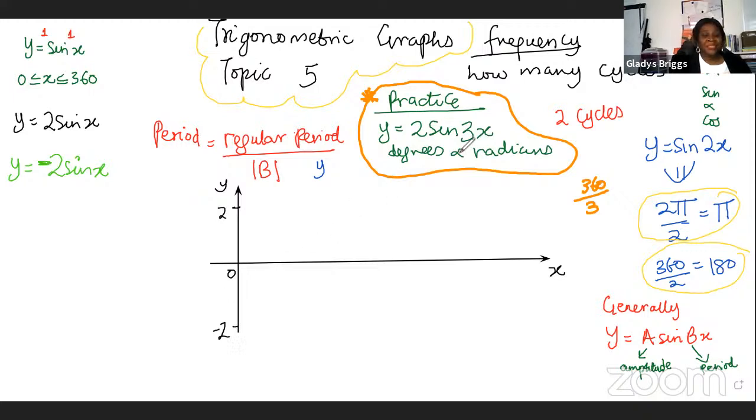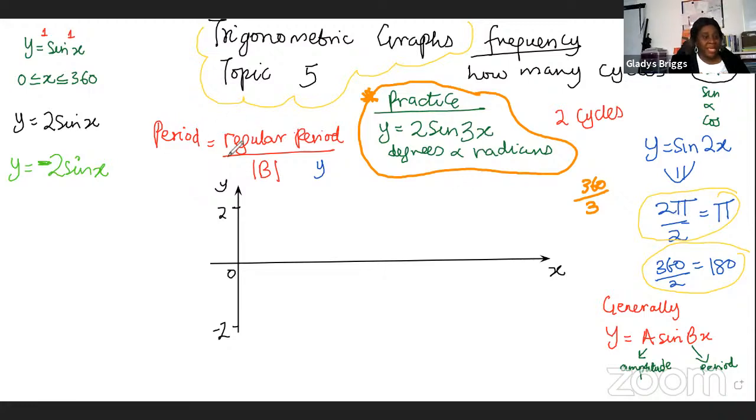Now I've got sine 3x here. I said that this is y is equal to a sine bx. Yeah. And b determines the period. For sine and cosine, the regular period is 2 pi or 360 degrees. And when you've been given your b, you need to use this formula. Where's the formula?